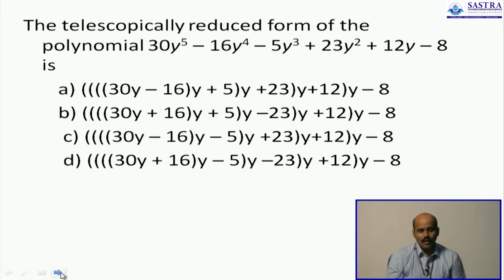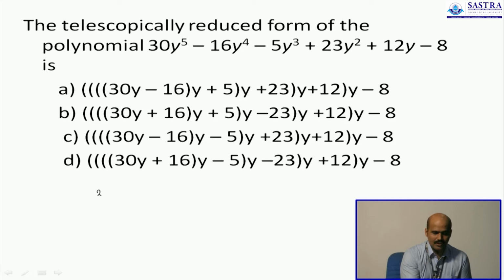Now this is also what we discussed some time back, how to reduce a polynomial telescopically. We have a quintic polynomial, a polynomial of order 5. We are trying to reduce it telescopically. You have 30 y power 5 minus 16 y power 4 minus 5 y cube plus 23 y square, etc. So when you reduce this telescopically, you will have to first separate this 30 y minus 16 is what you will have to start with.